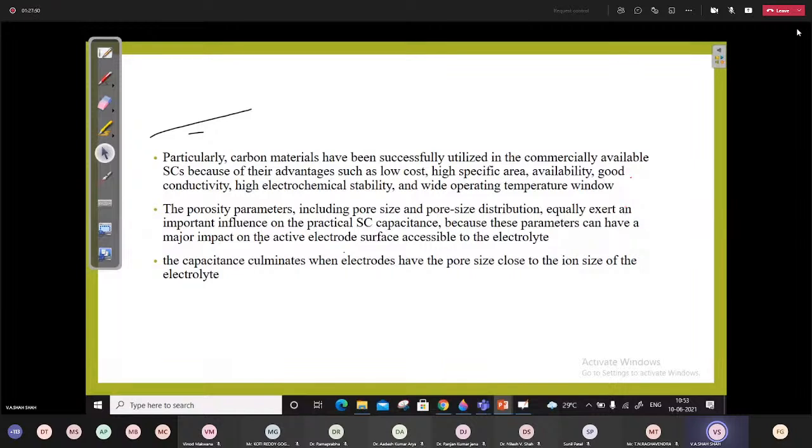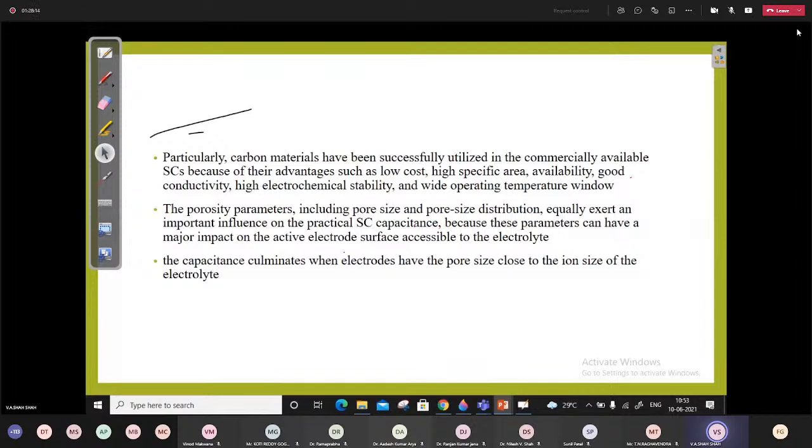As I already told you, the porosity, the pore size, and the accessibility to the electrolyte ions will play an important role in determining the capacitance value of the supercapacitor. The capacitance culminates when electrodes have a pore size close to the ion size.